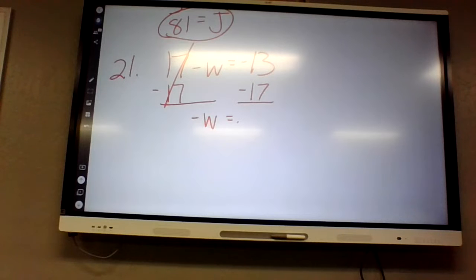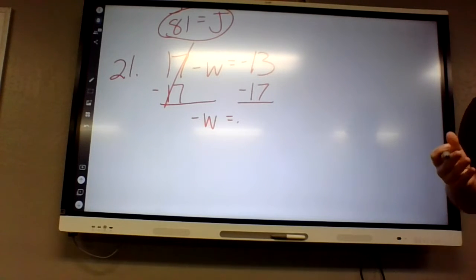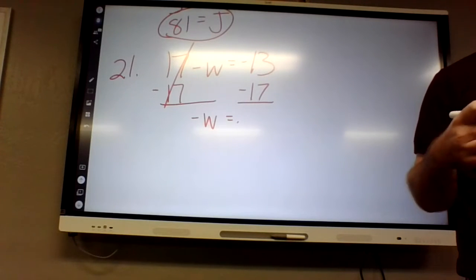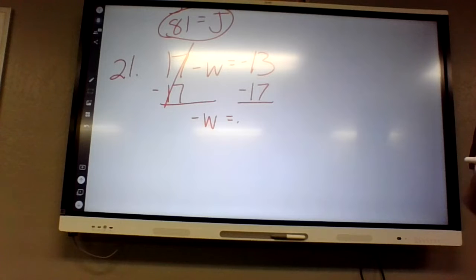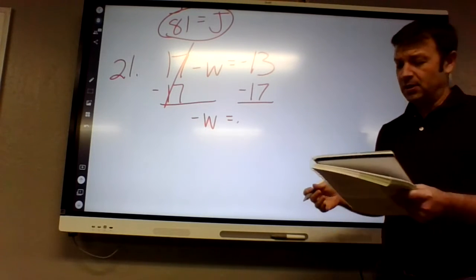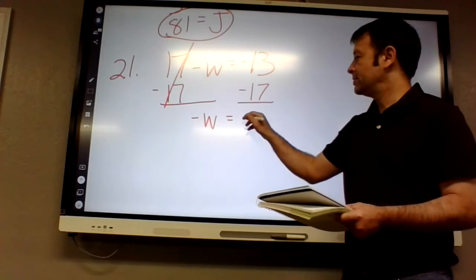Plus 24. It's basically on 22, that's an added negative 24. What's the opposite of adding negative 24? Adding positive 24. So anyway, you get rid of it by adding 24. Negative 13 minus 17.